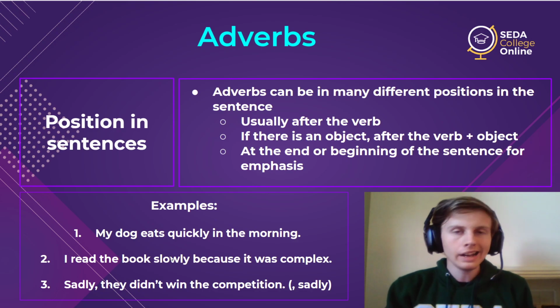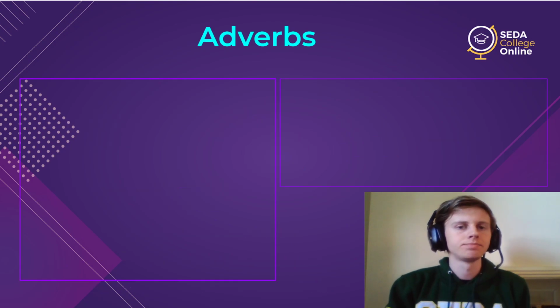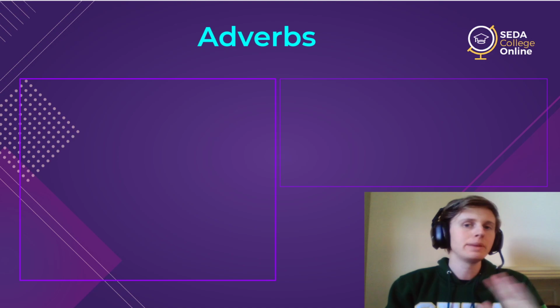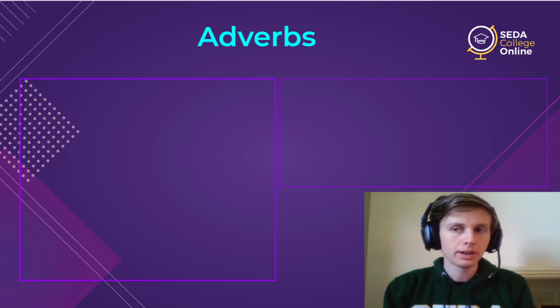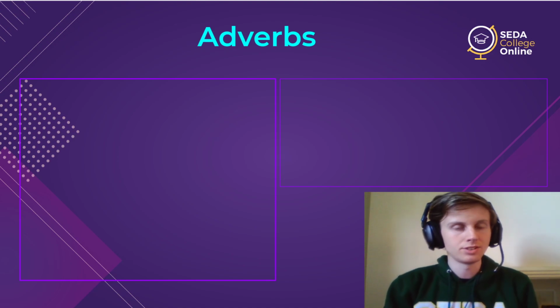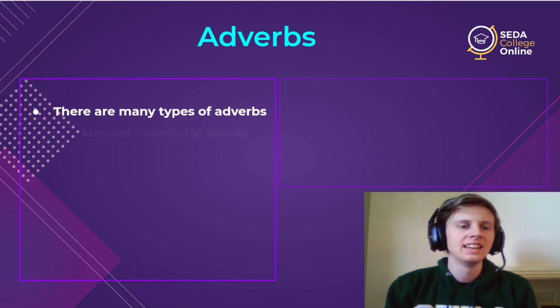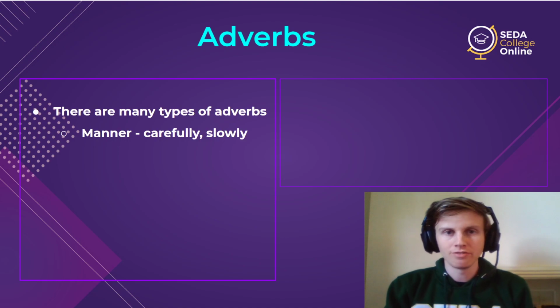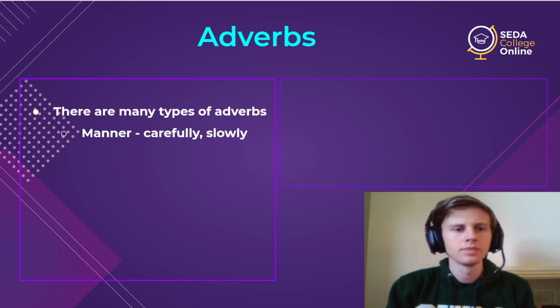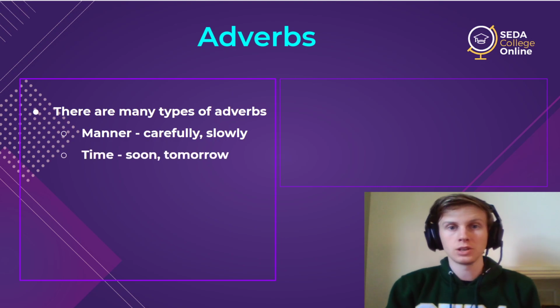So what kinds of adverbs do we have? Well, there are many types of adverbs. We've talked about a lot of them in my lesson series. You may not have noticed, but we did. So there are adverbs of manner, which describe how you do something: carefully, slowly. There are adverbs of time that say when you do something: soon or tomorrow.